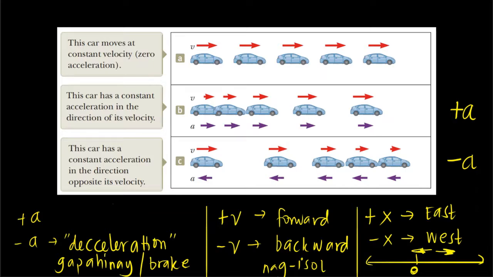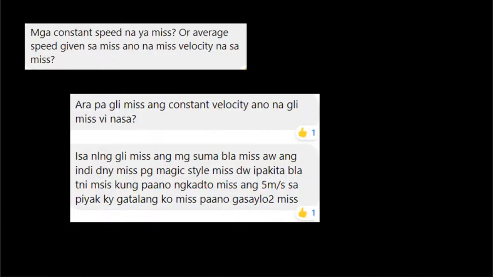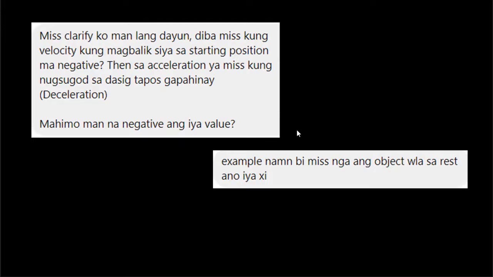Because I think may question kita. Miss, clarify ko lang: kung velocity, magbalik siya sa starting position, negative. Kagina, nag-present kita nga if ang car natin gapaisol, therefore ang velocity negative. There's also the possibility na kung gaisol ka, ang ulo sang car mo gatubang dito, pero ang imong motion is gapakadto dito.